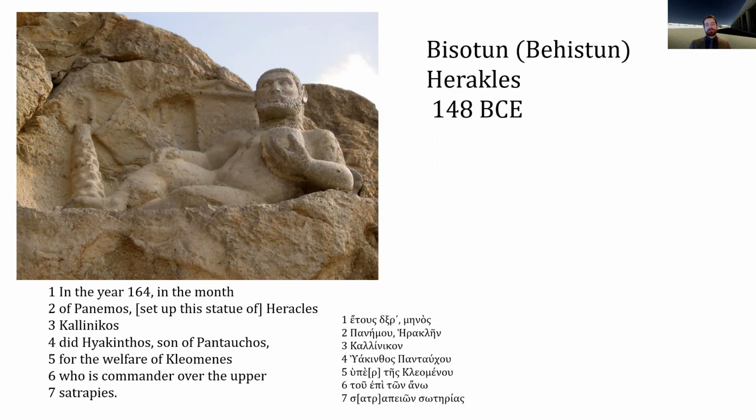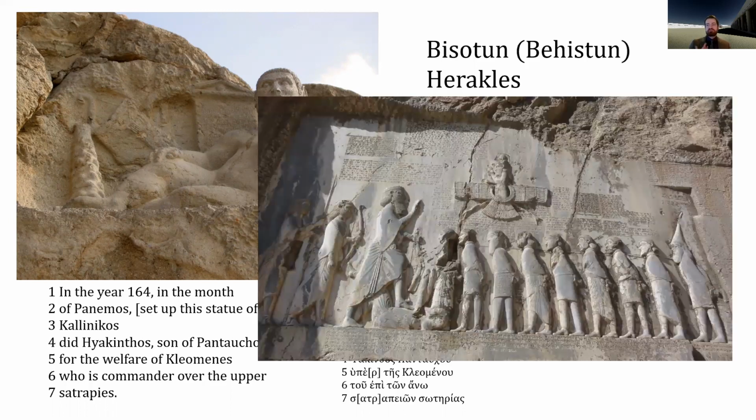So one thing I want you to think about throughout the rest of this lecture and throughout the rest of the semester is, why would the Greek satrap construct a monument of Hercules at Bisitun? What is the impetus for him to do this?